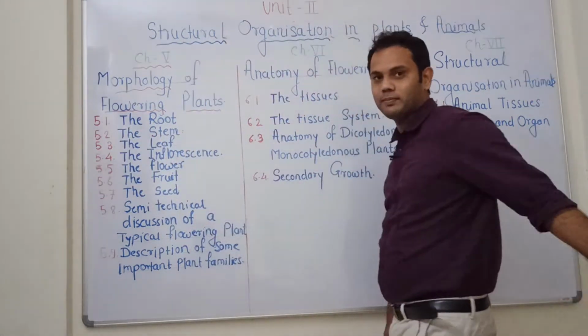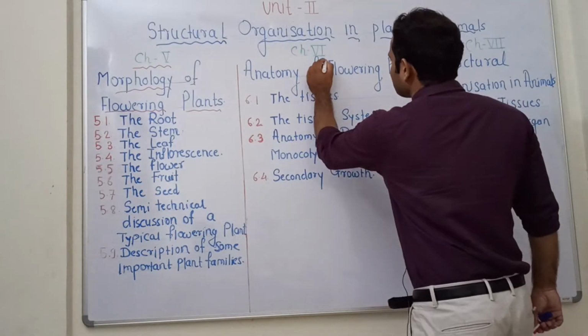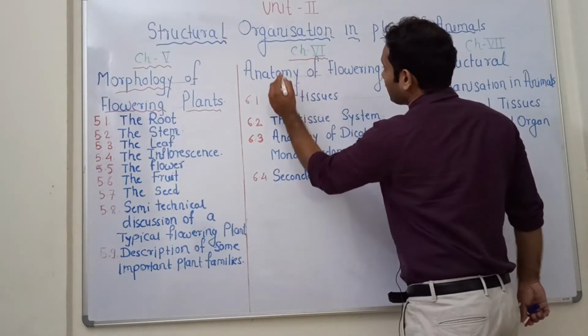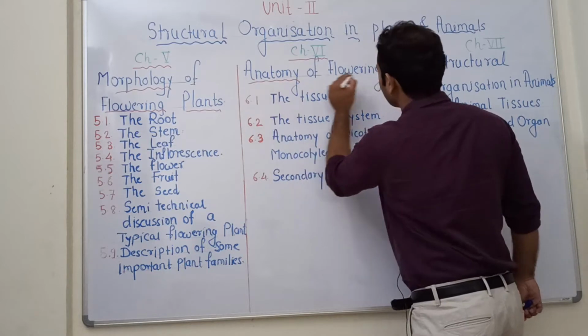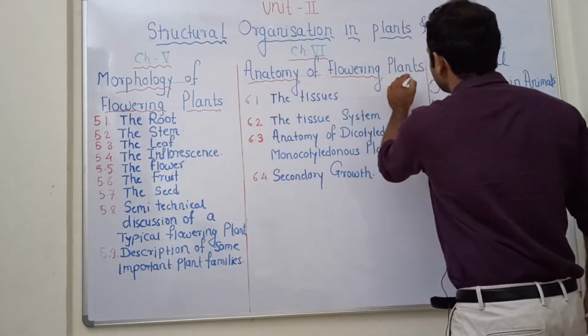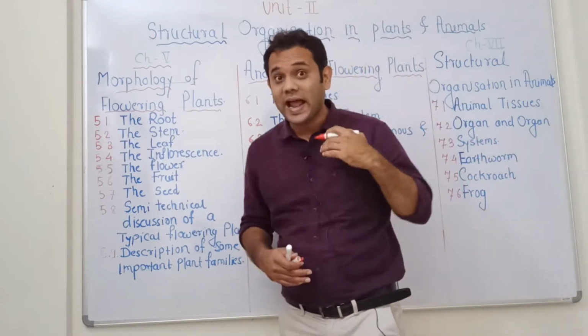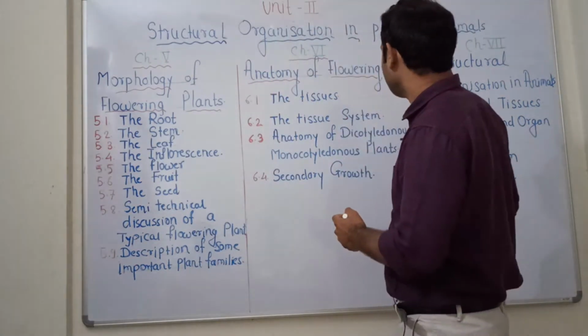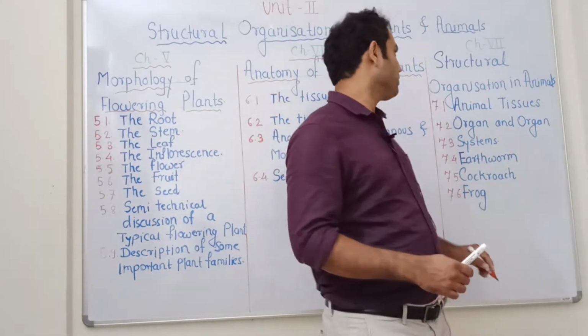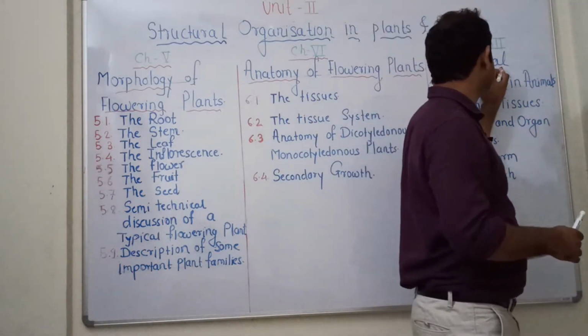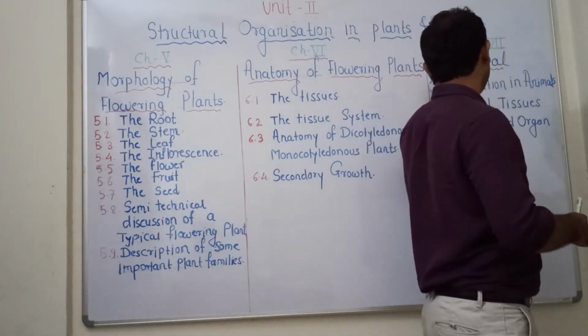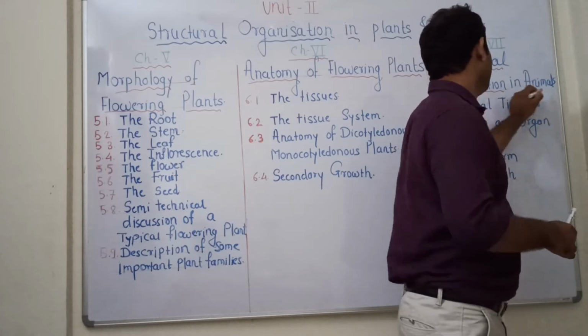Chapter number 6 is about the anatomy of flowering plants, and chapter number 7 is the structural organization in animals.